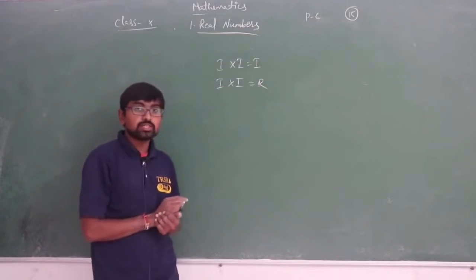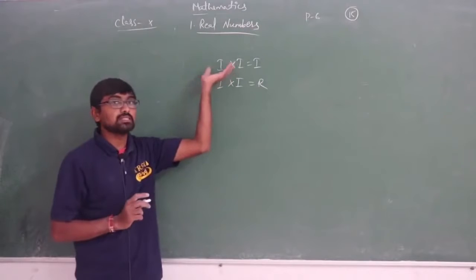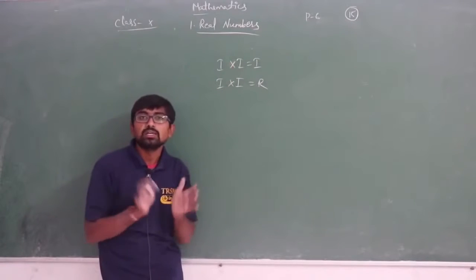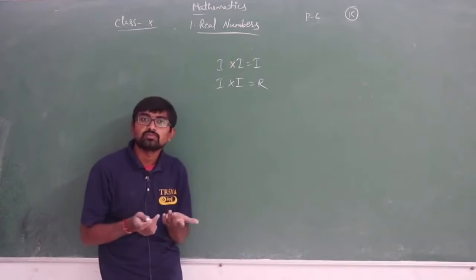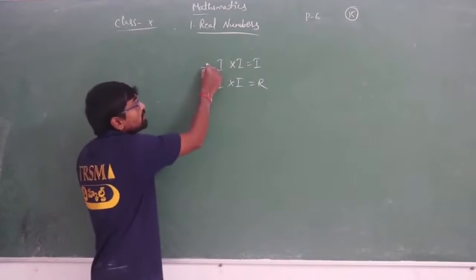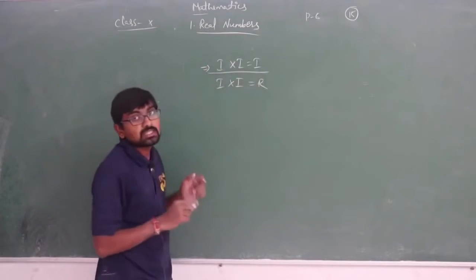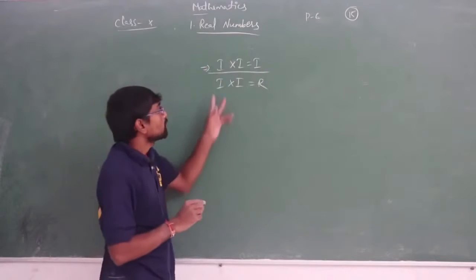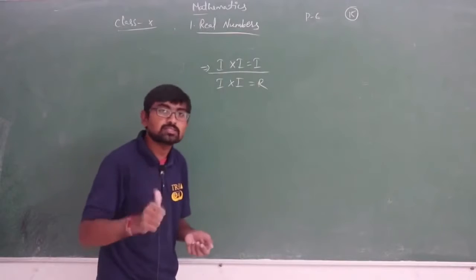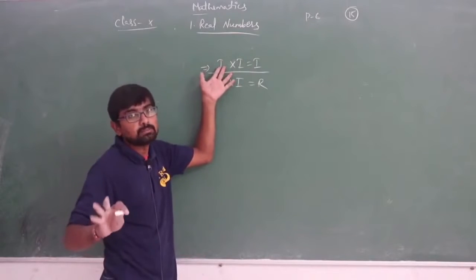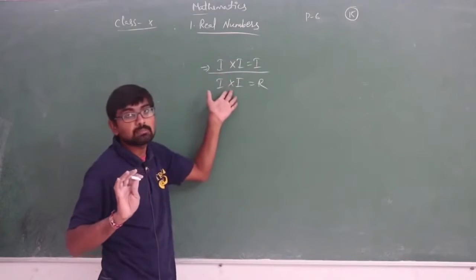Or check whether the product of two irrational numbers is rational or irrational. It may be both cases. So for the first one, with an example you have to show the product of two irrationals is irrational. Yes, absolutely. Both cases are applicable.